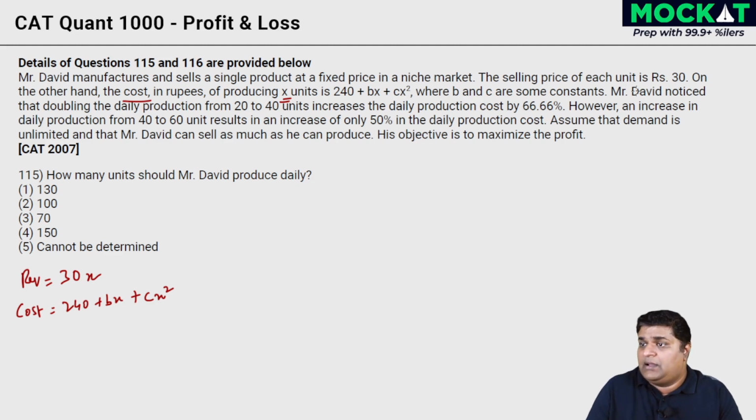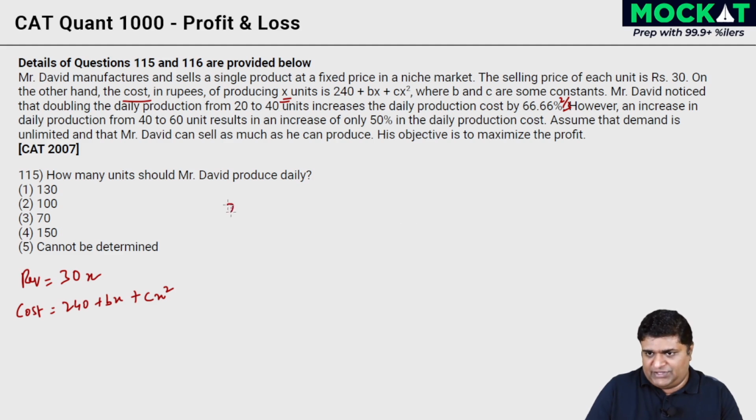Okay. Now, Mr. David noticed that doubling the daily production from 20 to 40 units increases the daily production cost by 66.66%. 66.66% as a fraction, you should know, is 2/3. From 20, if you increase to 40 units. At 20 units, what's this cost going to be?